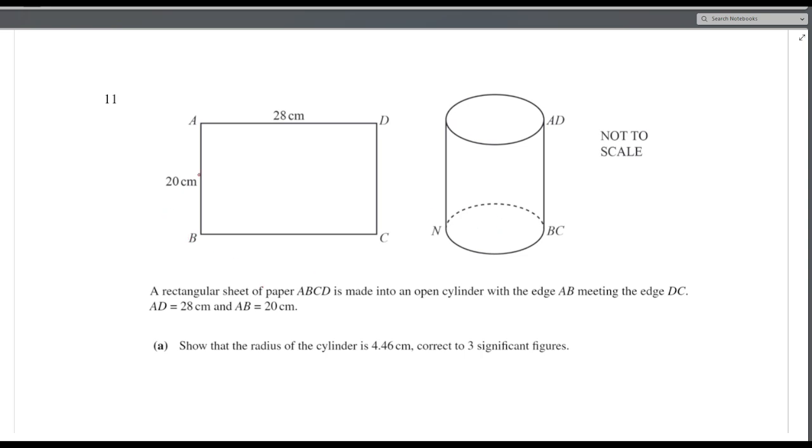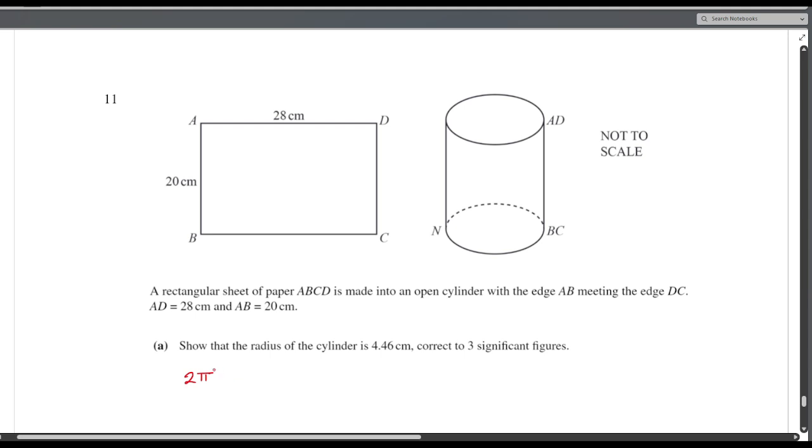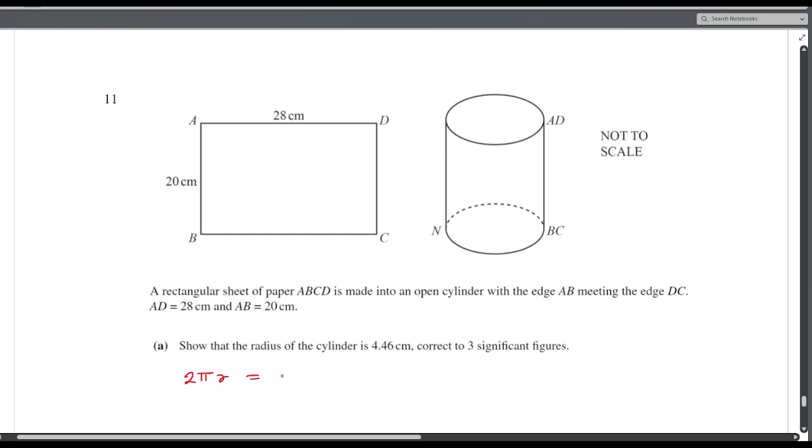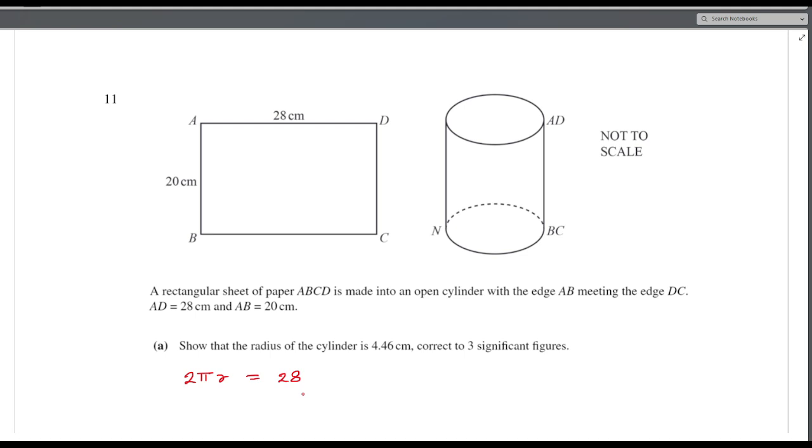As I fold the paper, the circumference, which is 2 pi r, I don't know r, but I know that this is going to be equal to 28. So let us figure out what my r is.